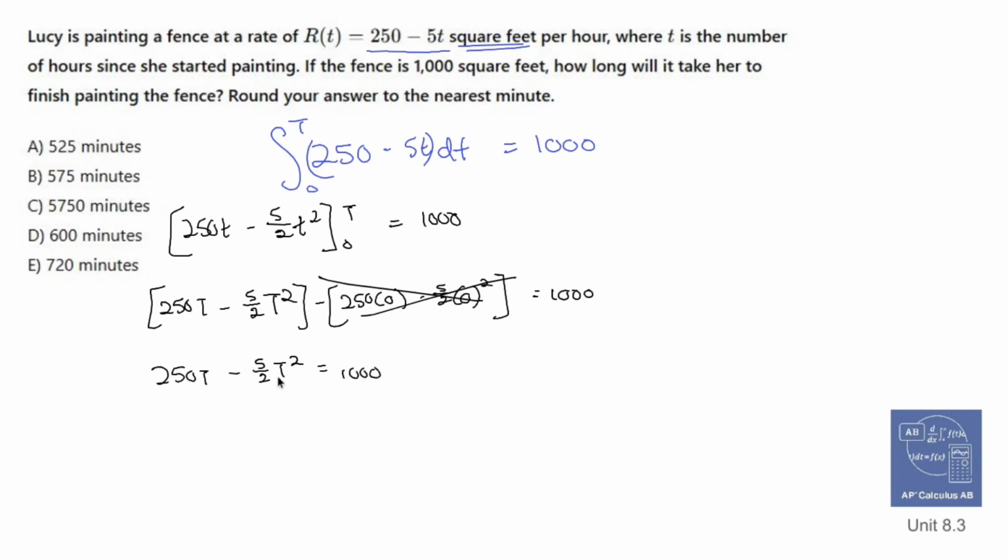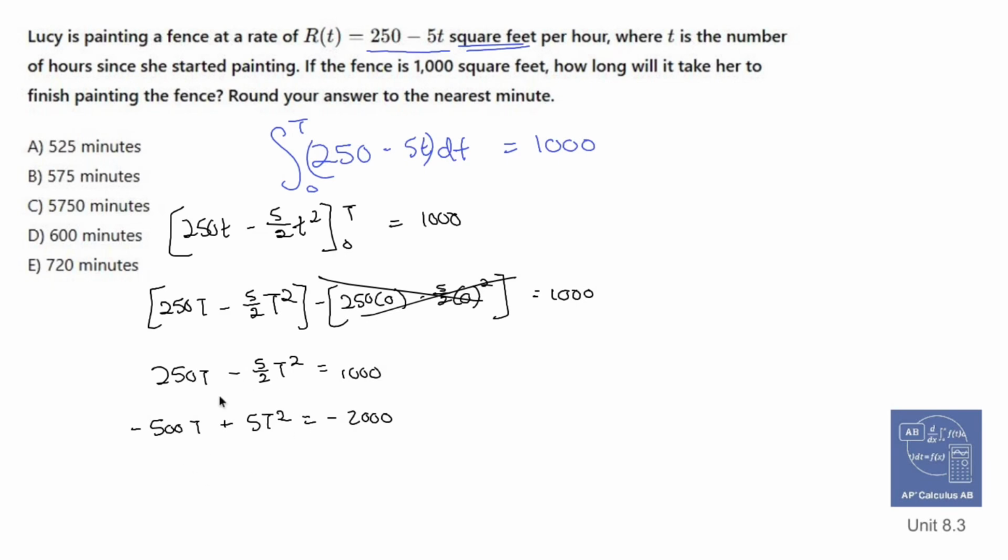All right, so let's multiply everything by negative 2 to get rid of that fraction. So that'll be negative 500t plus 5t squared equals negative 2,000.